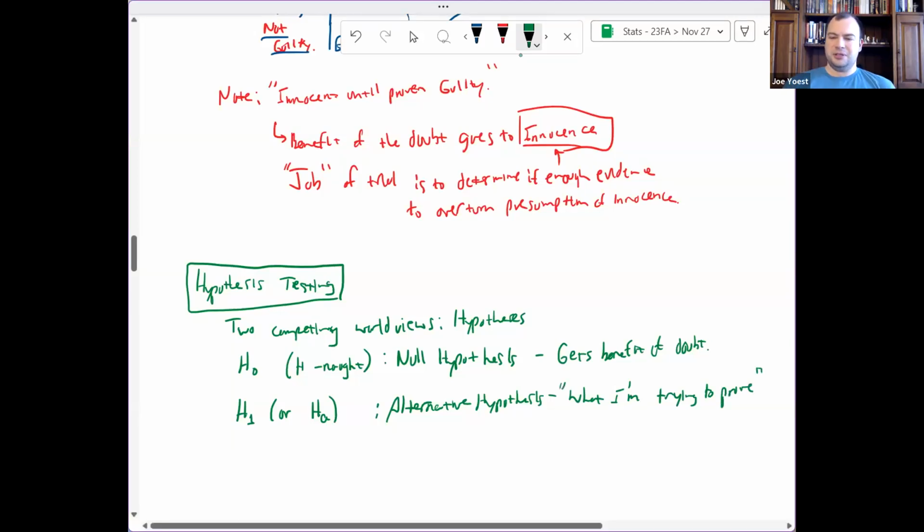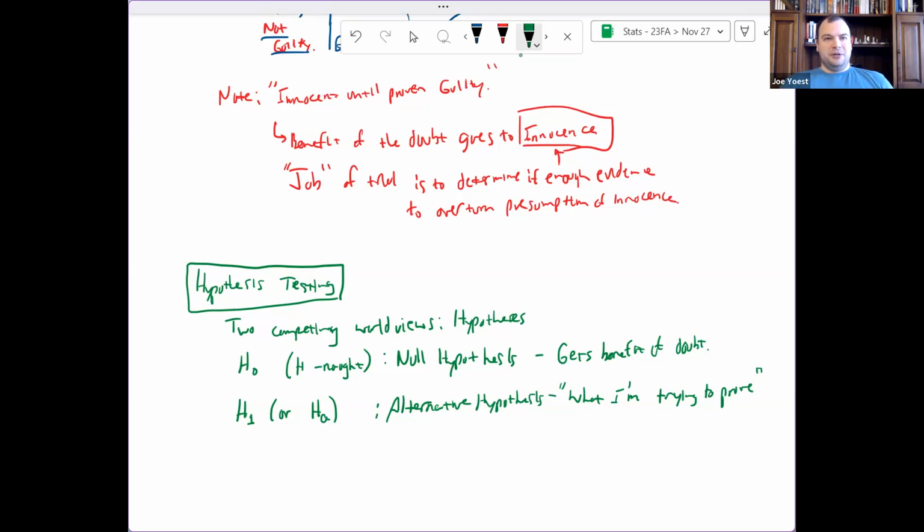That's not always a true statement, but for the setups that we're going to use in the near future, that's pretty much going to be true. So if I was a researcher trying to show that my treatment works better than what's already out there, I would give the benefit of the doubt to what's already out there. The null hypothesis, the thing that gets the benefit of the doubt, would be that my treatment's no better than what's out there. The alternative hypothesis would be that my treatment is better than what's out there. That's what I want to prove, and that's what I'm trying to show with the stats.